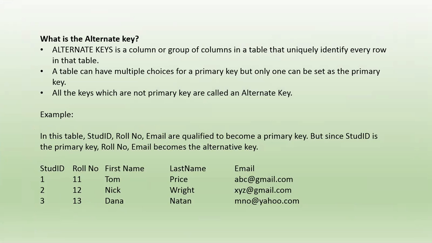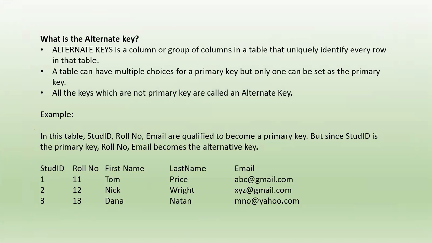Next, what is the alternate key? The alternate key is a column or group of columns in a table that uniquely identify every row in that table. A table can have multiple choices for primary key, but only one can be set as the primary key.